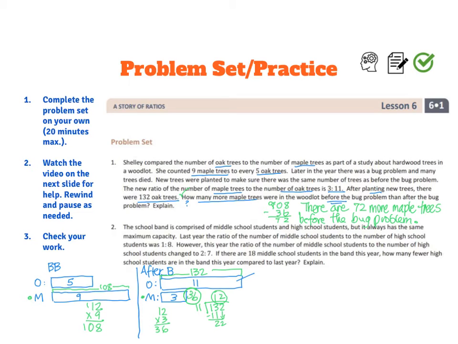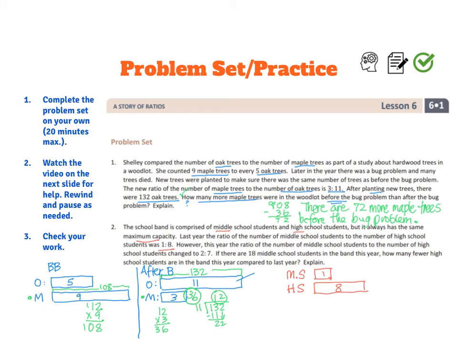Then we've got another problem here. The school band is comprised of middle school and high school students, but it always has the same maximum capacity. Last year, the ratio of the number of middle school to the number of high school students was 1 to 8.